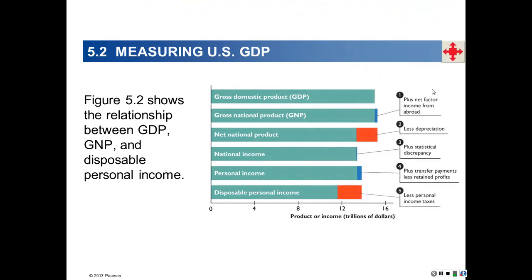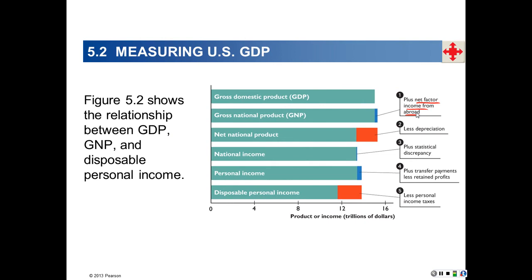And here we have a table. So we've talked about a few of these things, and we haven't talked about some others, but this makes it all clear, okay? So we have GDP, and then if you add this net factor income from abroad, which is basically the money earned, add the money earned by the American engineer in Germany, subtract the salary of the Japanese manager in the States.